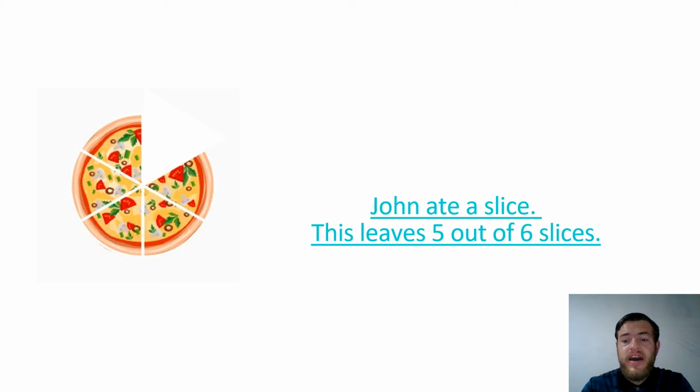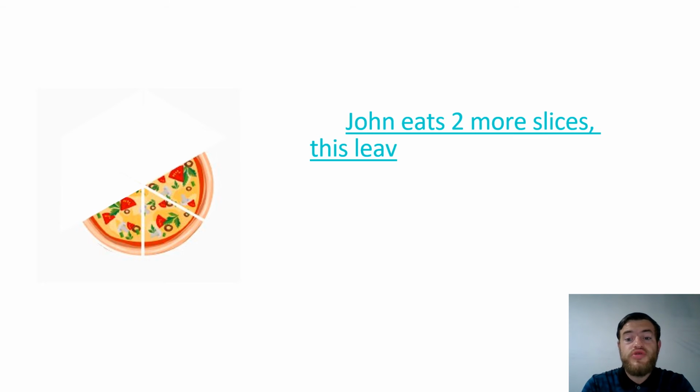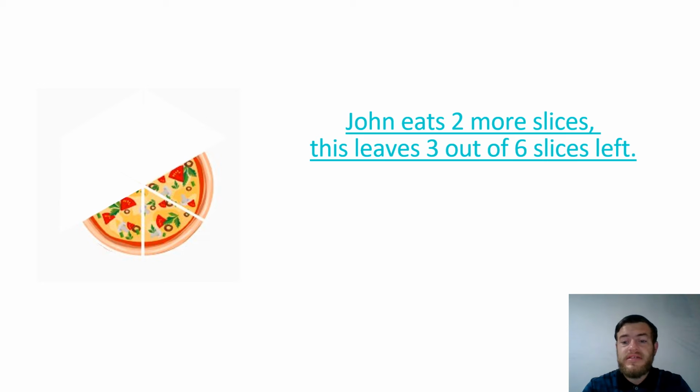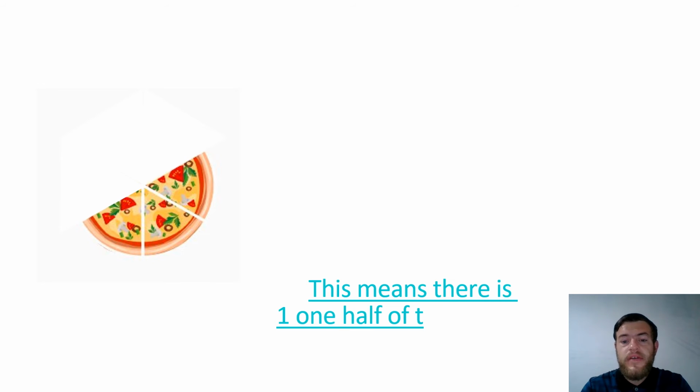This leaves 5 out of 6 slices left. John eats 2 more slices. This leaves 3 out of 6 slices left. This means there is 1/2 of a pizza left.